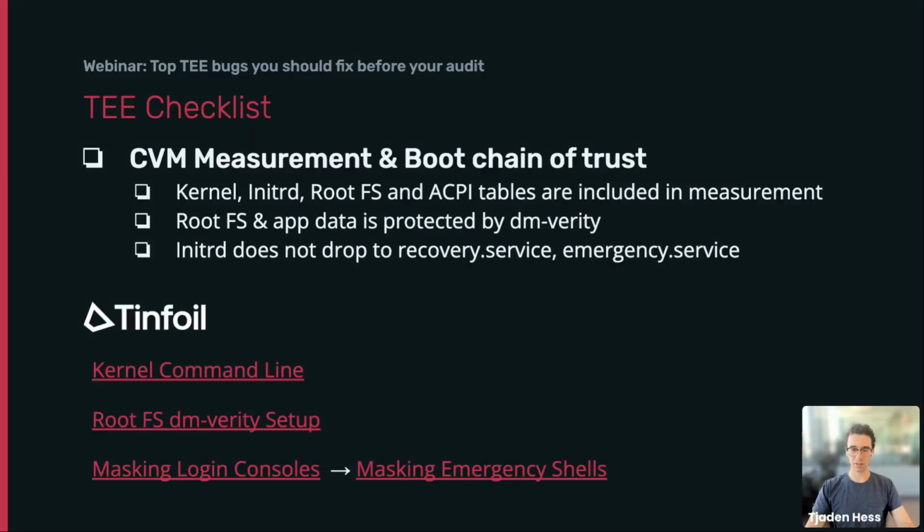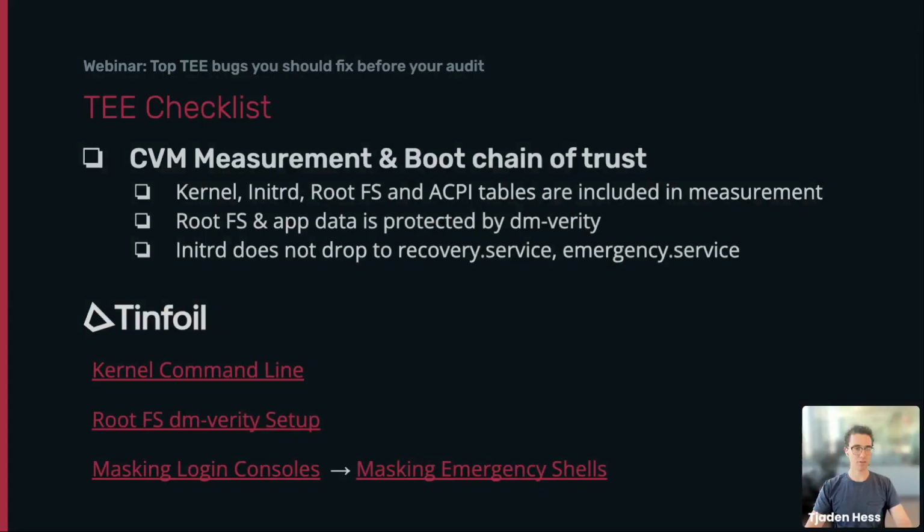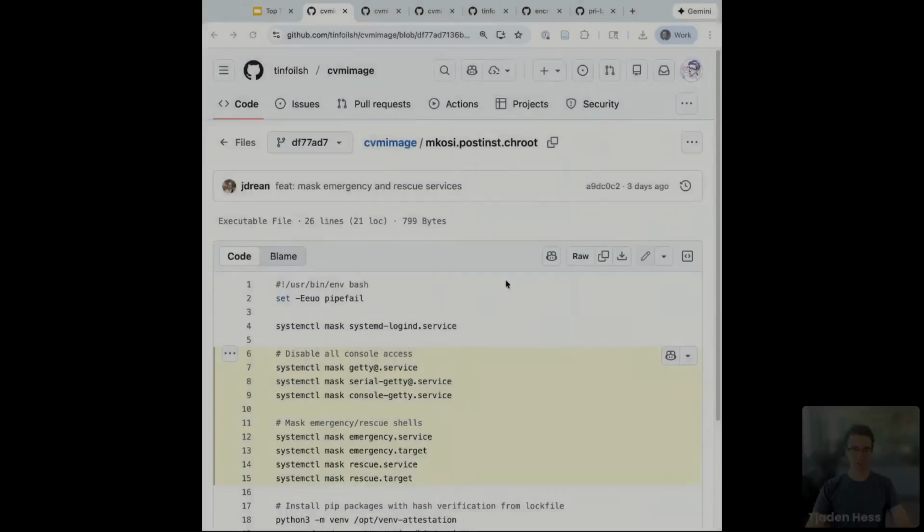So you can see here that in the initial version we reviewed, there were commands to prevent the serial and console services that you would normally use to log into the system. These are actually not sufficient, and so you need something that also includes these emergency shells.